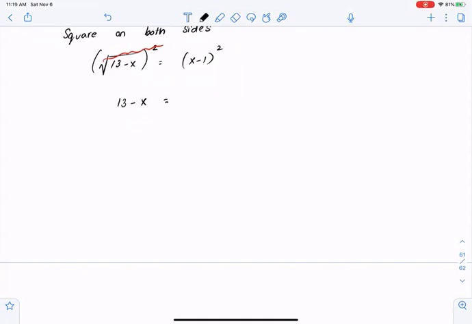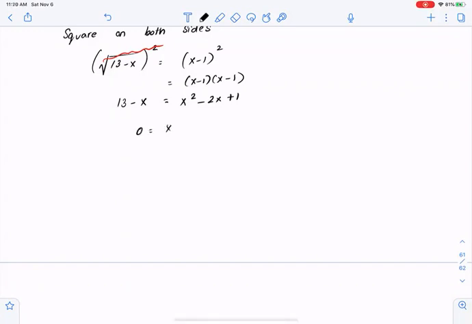To solve this, I have to FOIL. If I FOIL x minus 1 squared, which simply is x minus 1 times x minus 1, I'd end up getting x squared minus 2x plus 1. I'm going to move all terms to one side, so that one of the sides is 0.